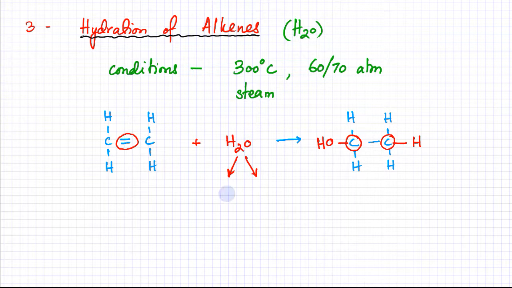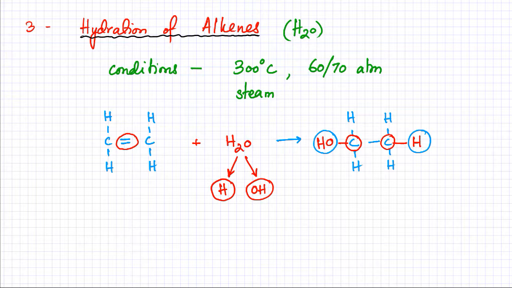One part would have hydrogen and the other part is going to have OH. So it's going to split up into 2 separate groups, and one group is going to get attached to one of the carbon atoms, and the other OH group is going to get attached to the other carbon atom. So this is how this reaction is going to be carried out. It's exactly the same as all the other previous reactions we've studied. So an H and an OH group get added to both the carbon atoms.